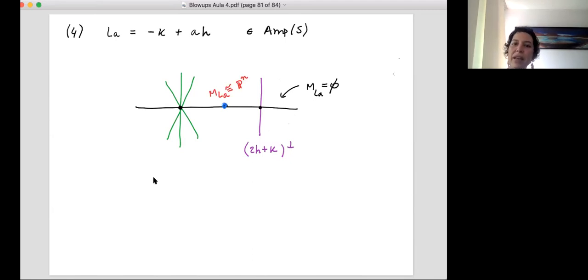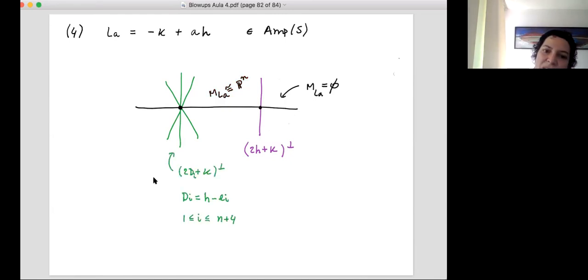And then again, you can check what are the next walls that you have to cross. The next walls are the green walls. There you will have m+4 walls crossed at the same time. And these are precisely the walls that are determined by hyperplanes of the form, of the divisors of the form D_i = H minus E_i.